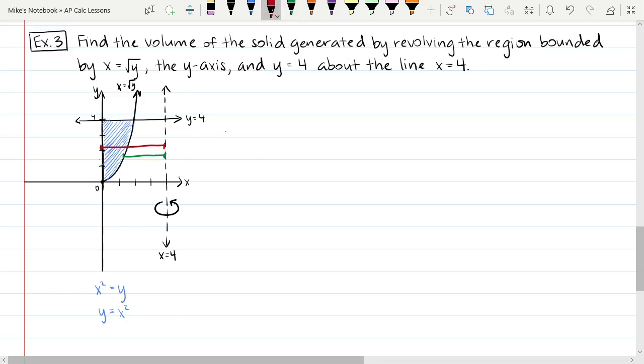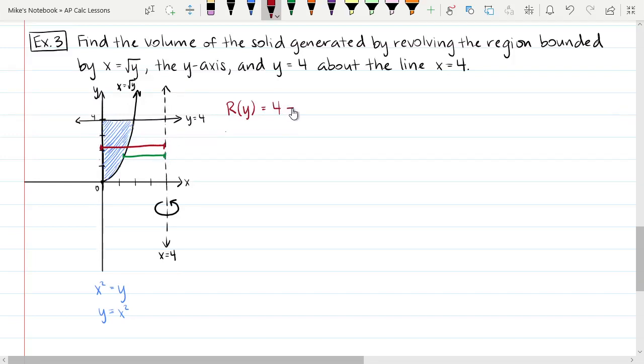So now, to find our expressions for the radii, remember this is going to be big R of y. Remember now this is in terms of y because we're perpendicular to the y-axis. So that means for my expression, I need to compare the x values. So what's the equation of the rightmost? Well, that's x equals 4.